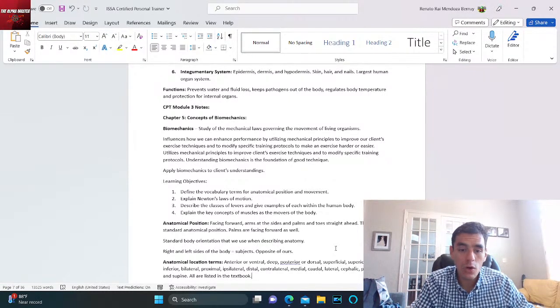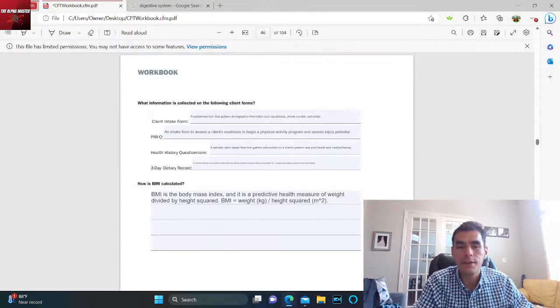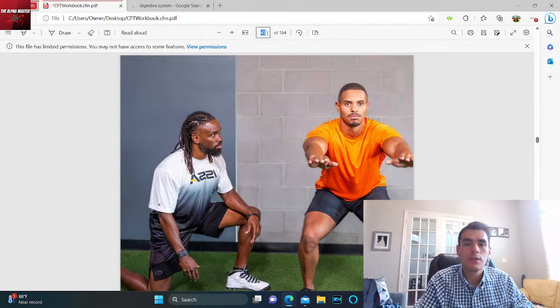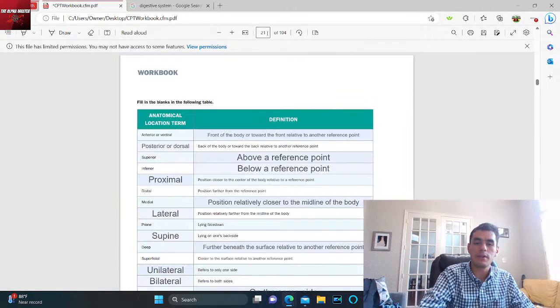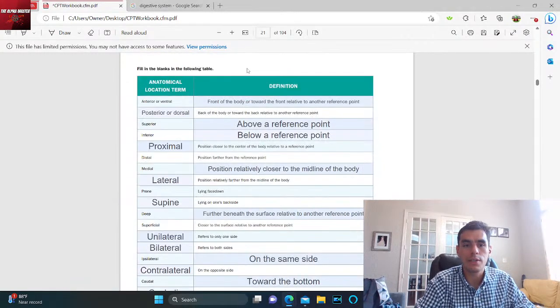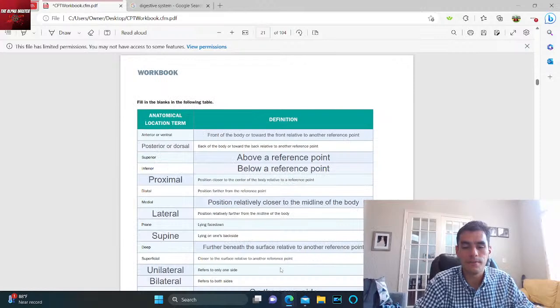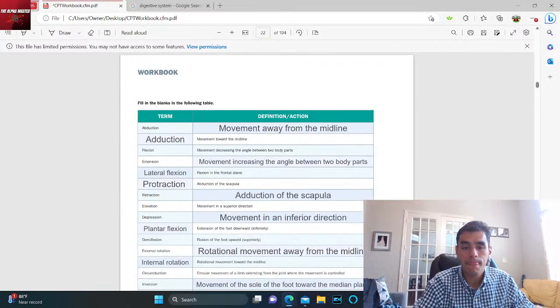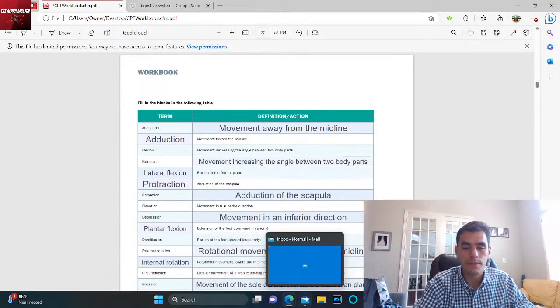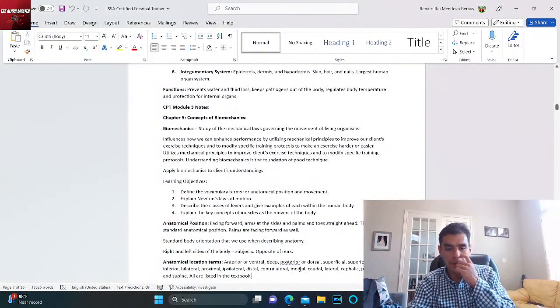All are listed in the textbook, and they are the first terms we're going to look at in the workbook.